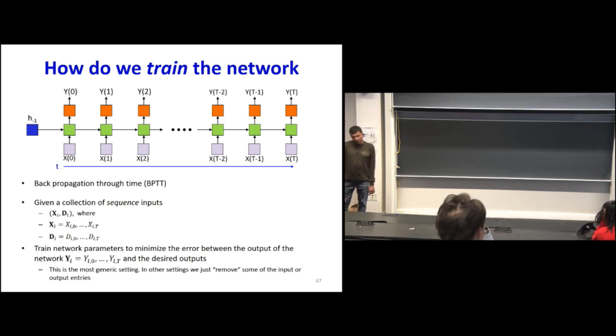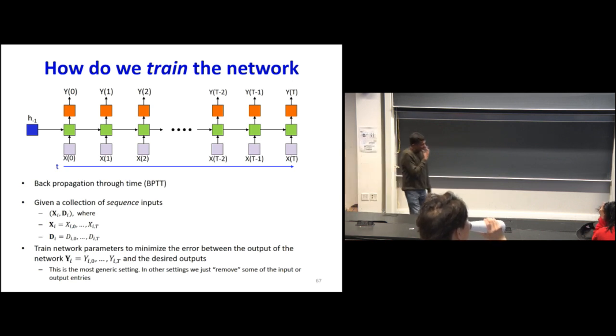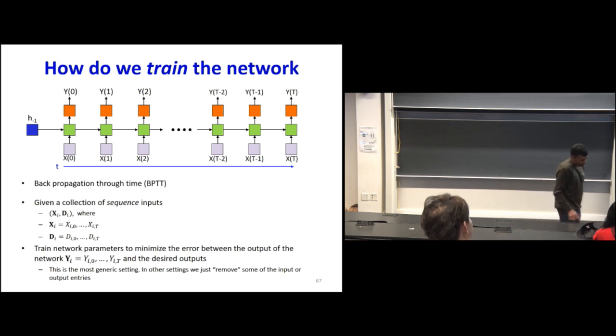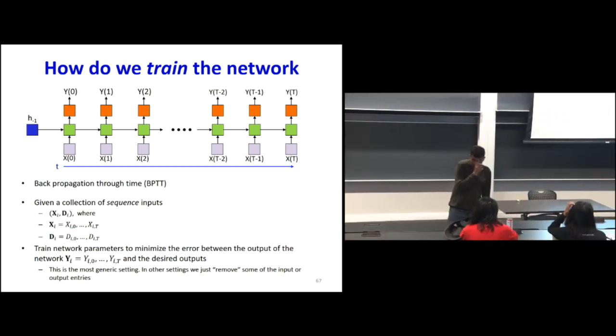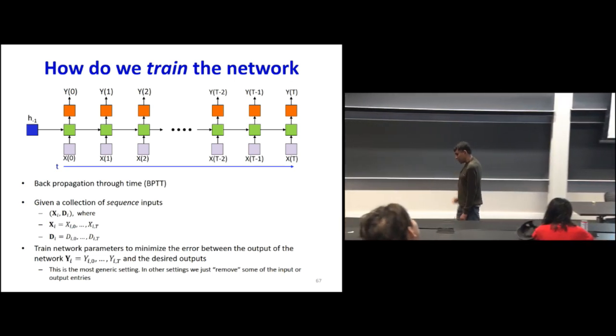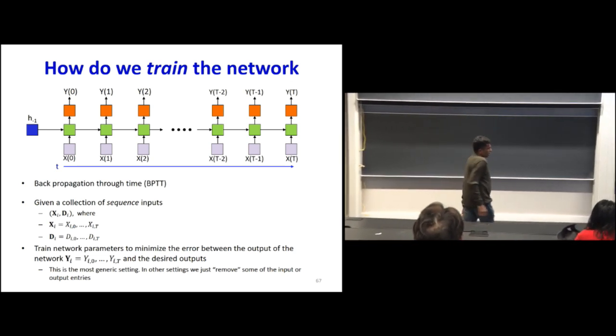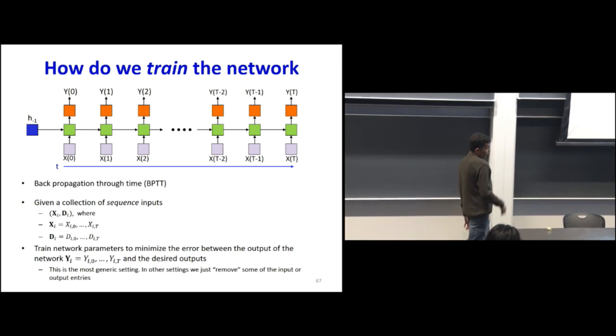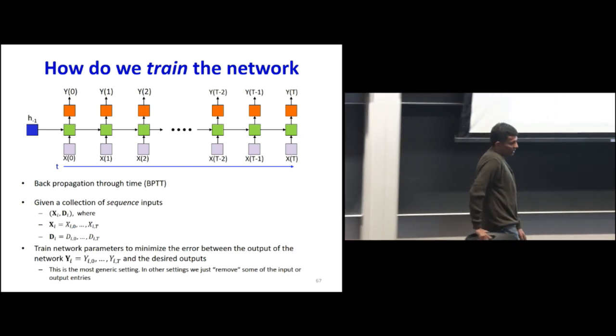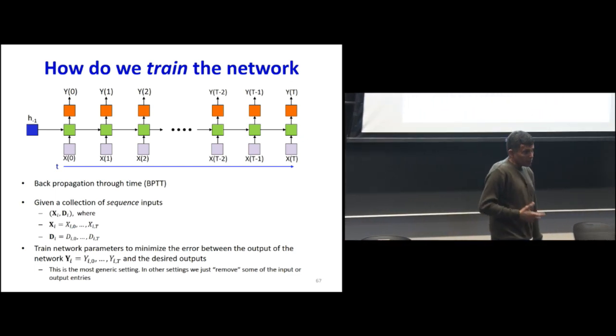So here, the way we would do the training, we're going to perform backpropagation through time. The reason we call it backpropagation through time is that when you actually chart out the network, it is actually a feed-forward network. Although we call it a recurrent network, there is no self-recursion.